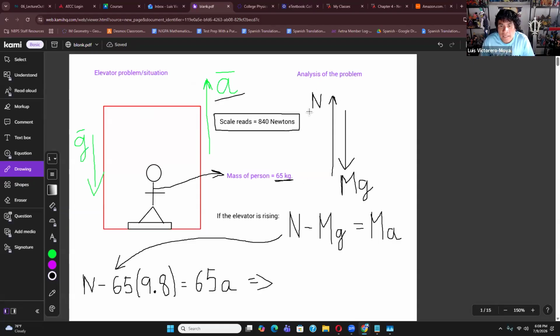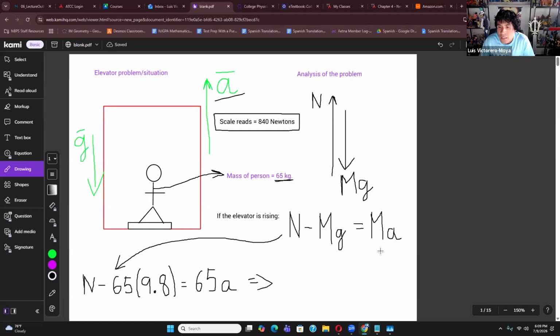In the analysis for the person, you have the normal force and the weight of the person, mg. Those are the only forces acting on the person. Like I said, mg is equal to the normal when the body is on the ground, moving horizontally without any upward force acting on it. So in this case, there is another force.